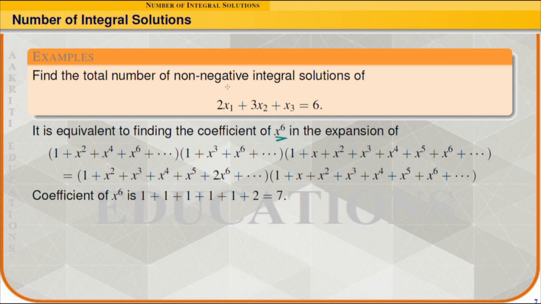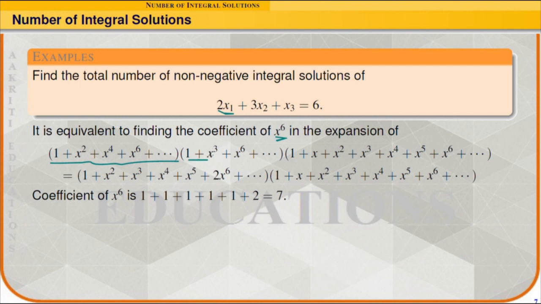Since we have to take non-negative integral solutions, all of x1, x2 and x3 belong to the whole numbers. But if you observe, 2x1 can take values 0, 2, 4, 6. So for 2x1 we will have to write the expansion like this. For 3x2 it will take 0, 3, 6.